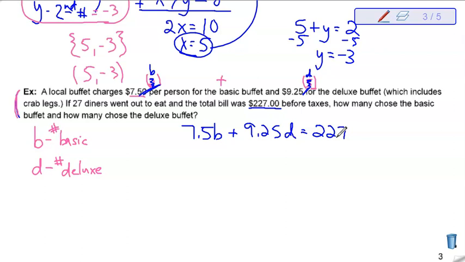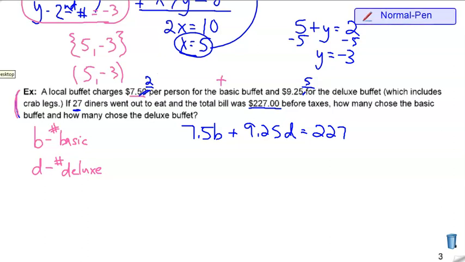But the second equation has to come from the other piece that I don't really have in my problem yet. The other piece said that I had 27 diners. Well, let's go back to the example that I started with. If I had 2 people order the basic and 5 people order the deluxe, how many people were with me? Well, that would be 7. I have 2 plus 5 gives me 7, right? Well, I take that out.